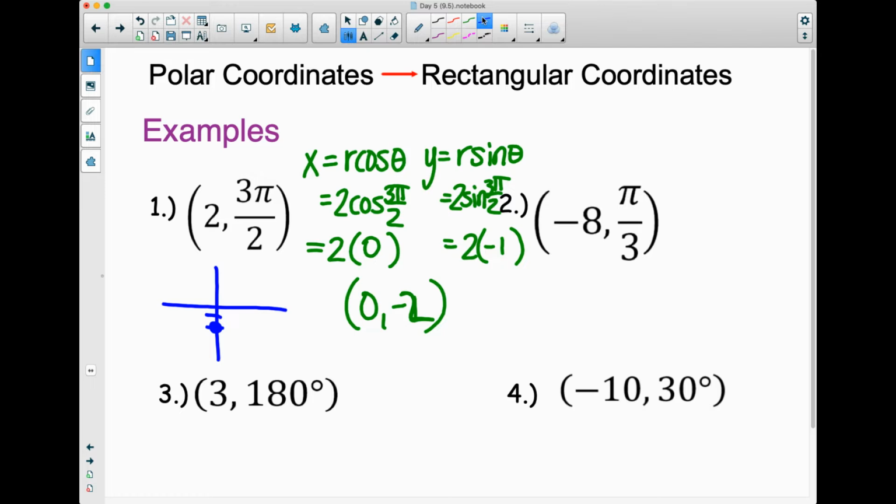And now I have the point 0, negative 2. So if you can plot it and not have to do all that work, go for it. But I wanted to show you both ways because, for example, number 2, you're not able to do that. All right. Let's go ahead and do 2, 3, and 4.